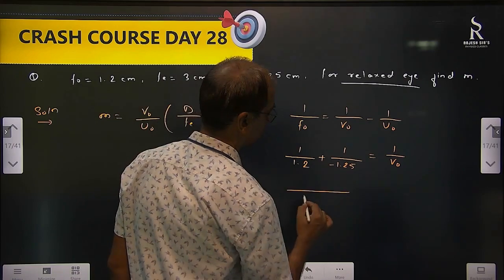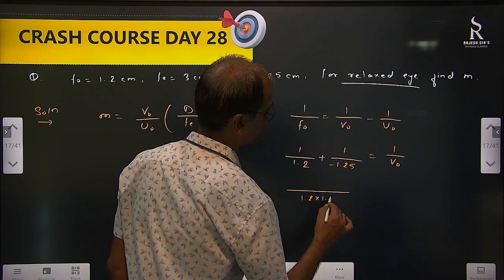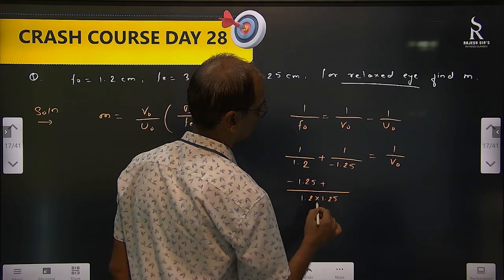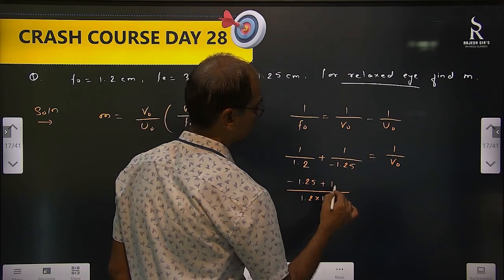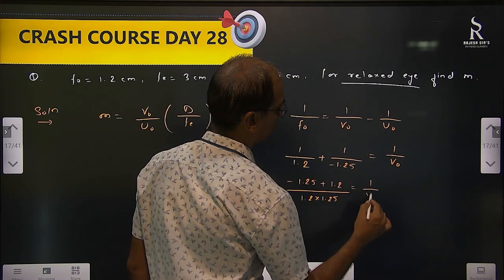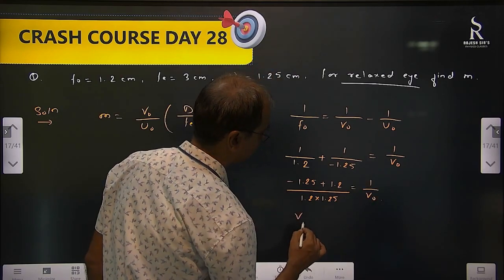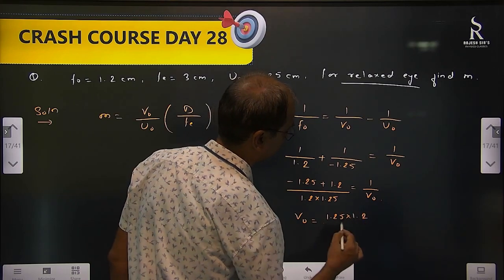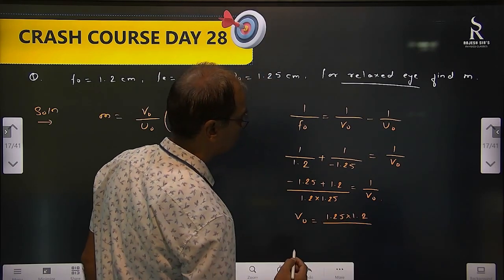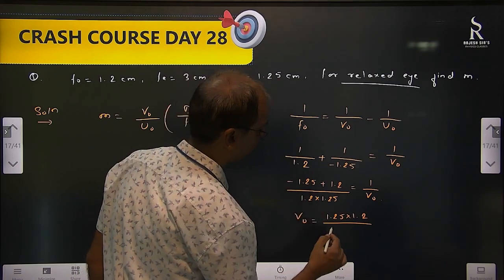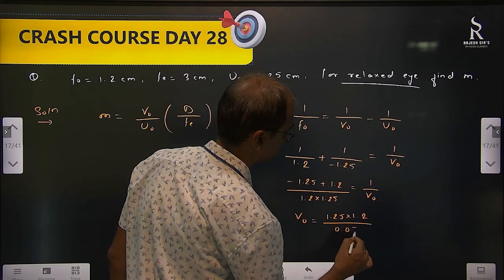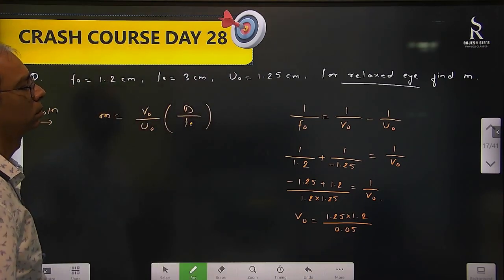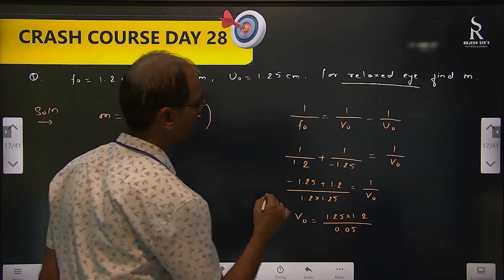LCM will say 1.2 into 1.25. No, I have done this wrong.